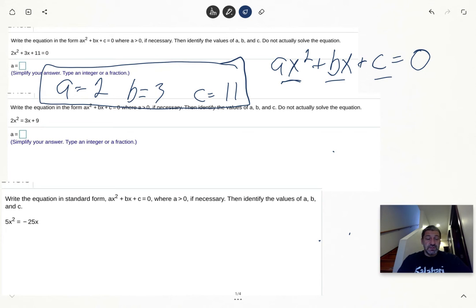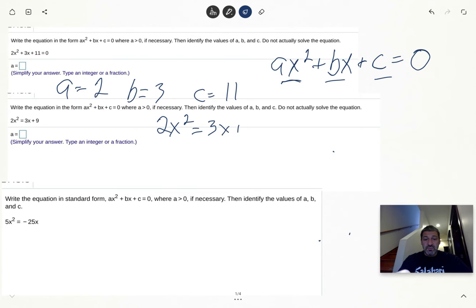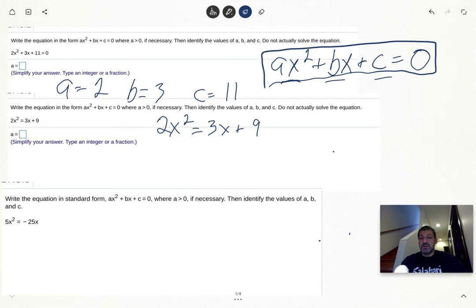We got to get this next one into standard form. So in this one, we've got 2x squared equals 3x plus 9. And this is not in the standard form because we want it to be equal to 0 and we want the exponents to be descending. So we're just going to move the 3x and the 9 to the left side.